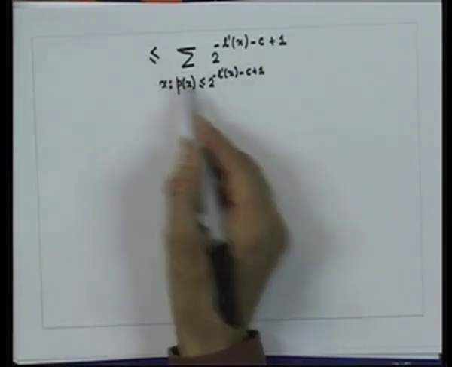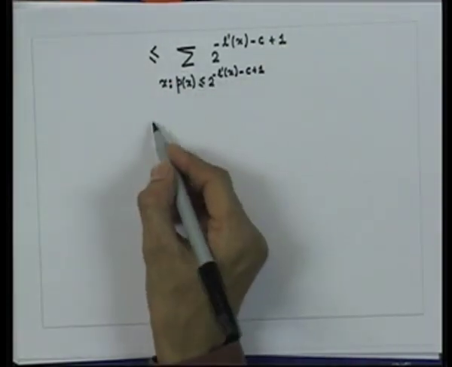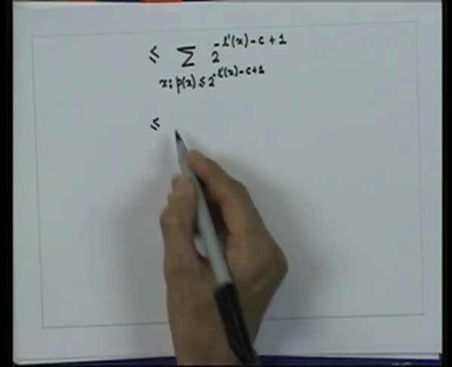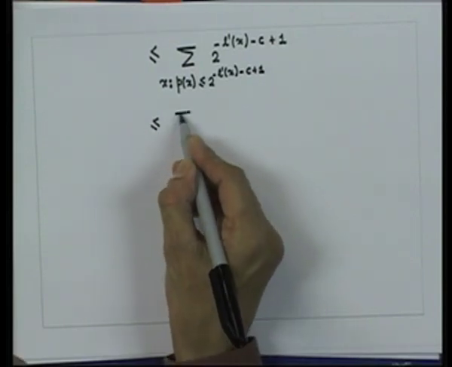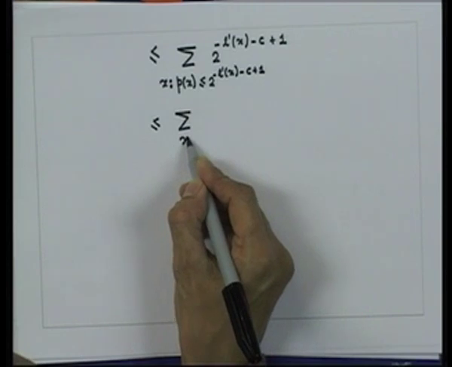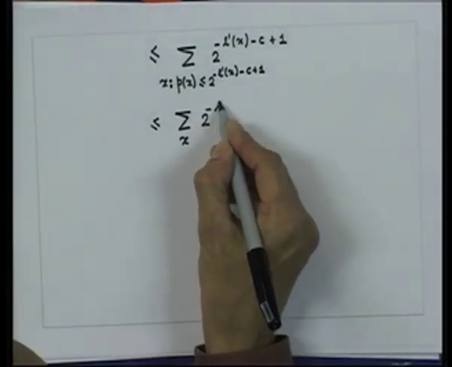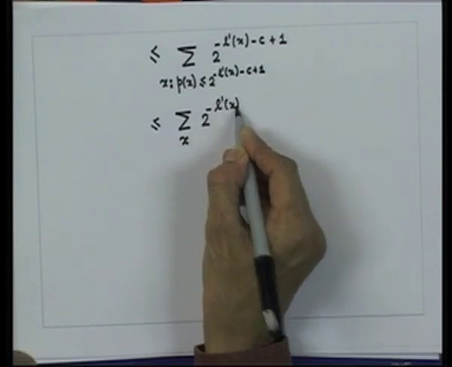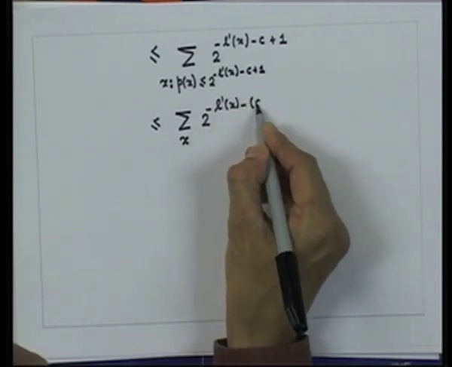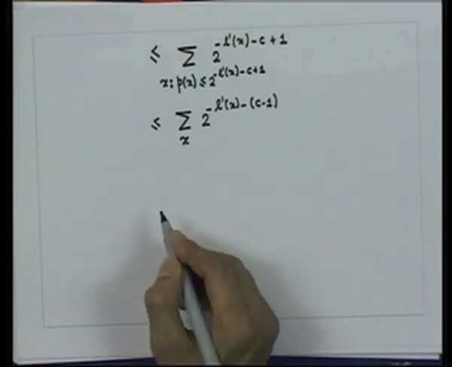So, that is why it becomes less than or equal to. Now, this is obviously less than where I sum up for all x, 2 to the power minus L dash x minus c minus 1.